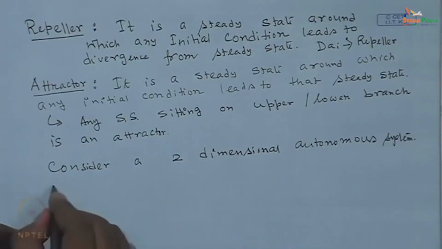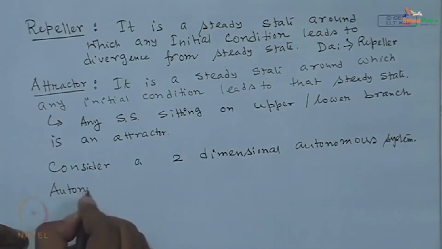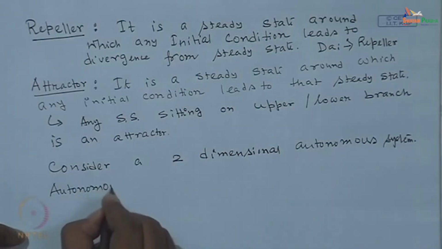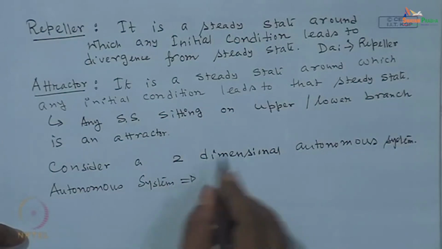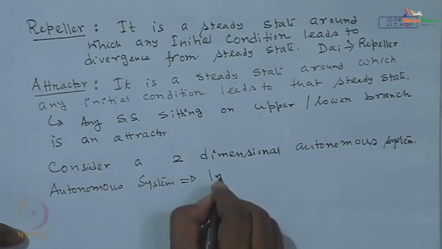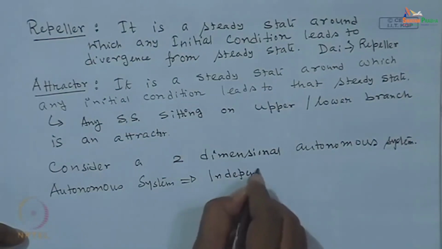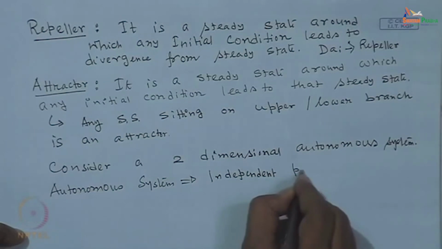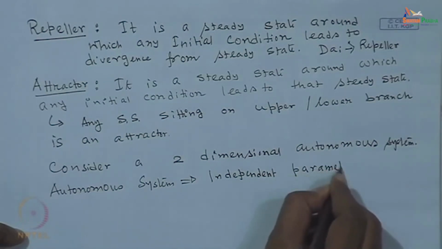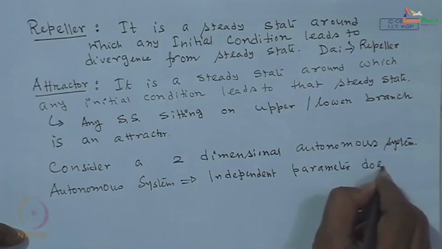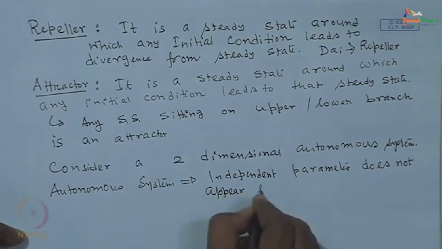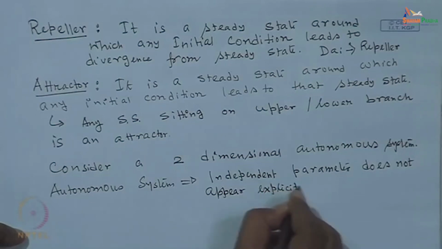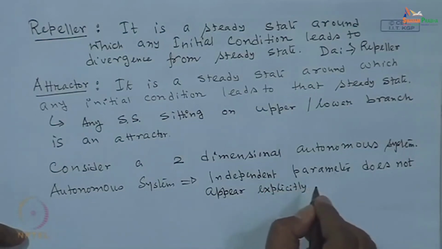Autonomous system means that the independent parameter does not appear explicitly. If the independent parameter does not appear explicitly, then we call that system an autonomous system.